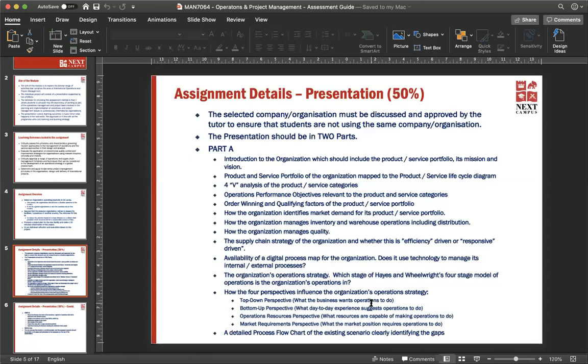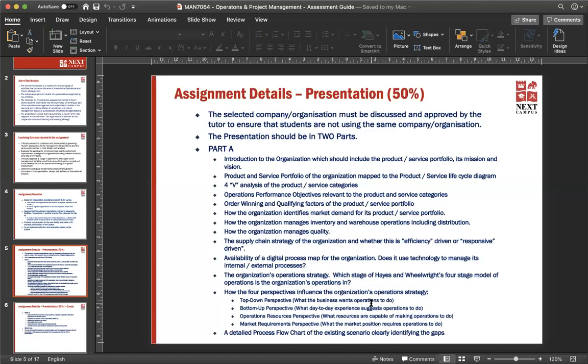Now the question is, are you going to continue using this equipment until it breaks down to the point that you will not find spare parts, or are you ready to make a decision to replace it with state-of-the-art equipment? So that's the operations resource perspective.